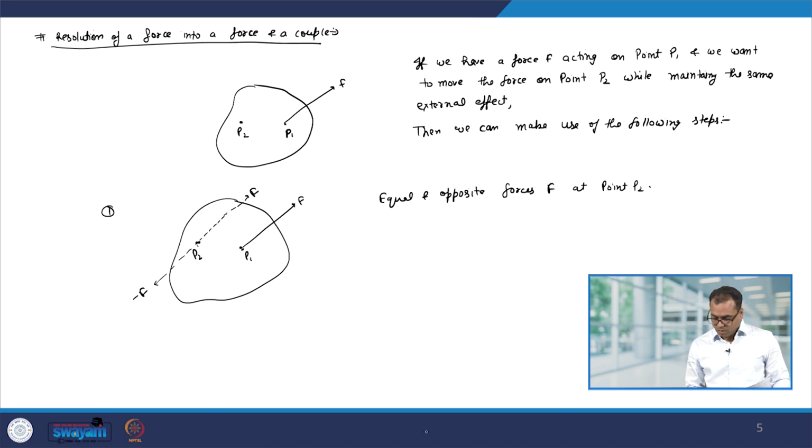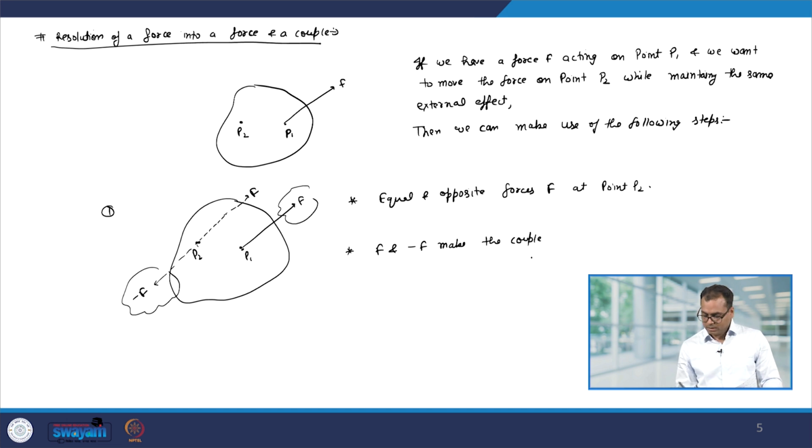Okay. Now, you also know that this F and this F, they are equal, they are opposite, and they are non collinear force, therefore, they are going to make a couple. So, F and minus F, they make the couple, and let us replace them by a vector M, where M is the couple.